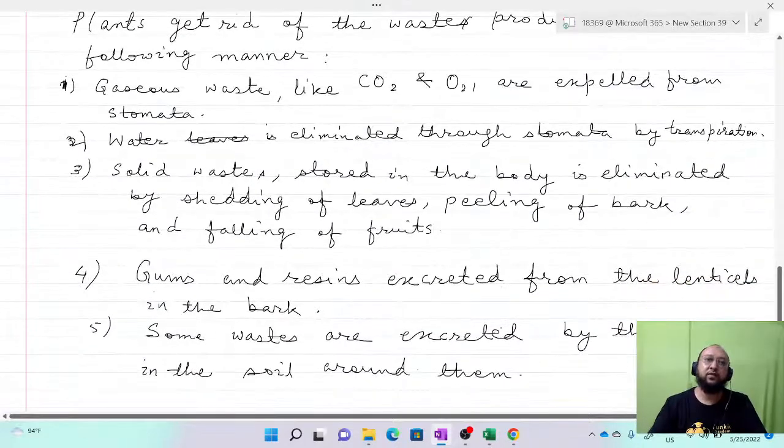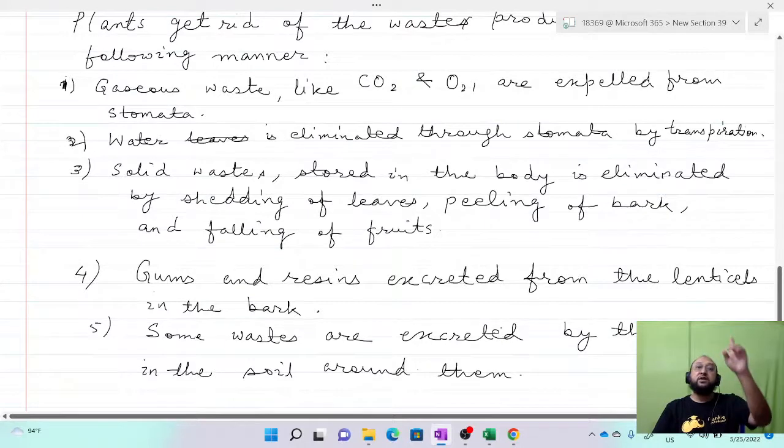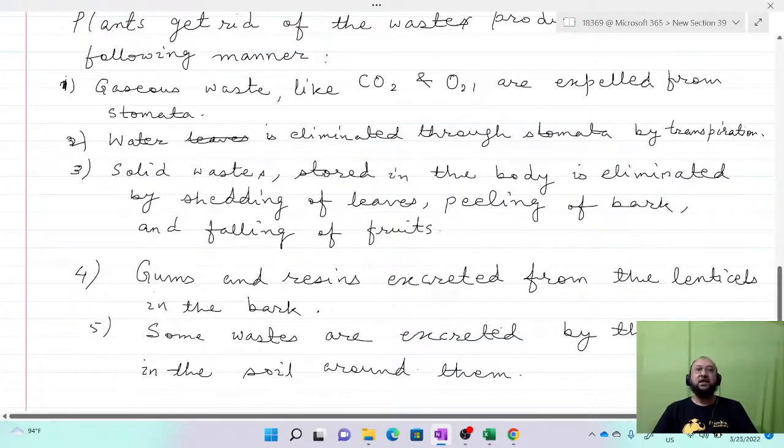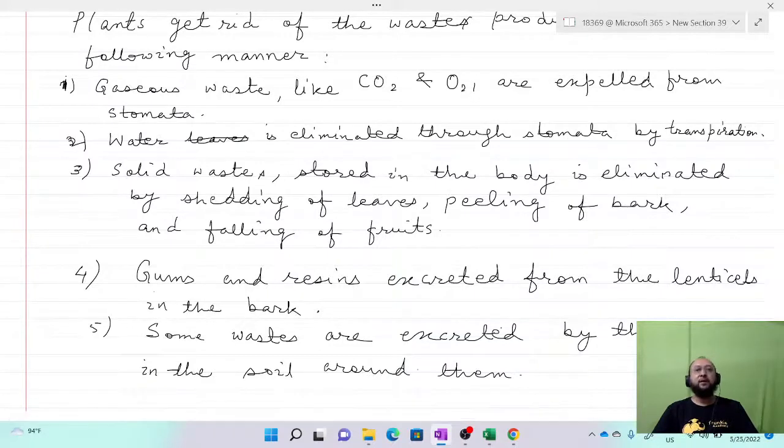Now listen very carefully. The first point I told you is that photosynthesis and respiration take place. Apart from this, there are some other gases that may be produced as metabolic waste. So gaseous waste like carbon dioxide and oxygen are expelled from the stomata. The stomata are small minute pores present on the leaves and other green parts of the plant body, through which gaseous exchange takes place.